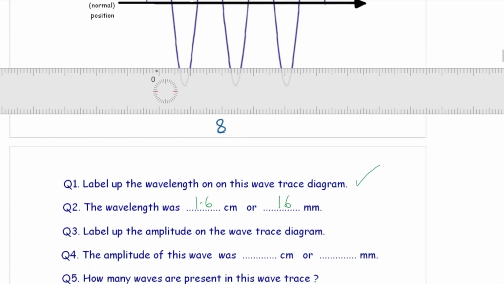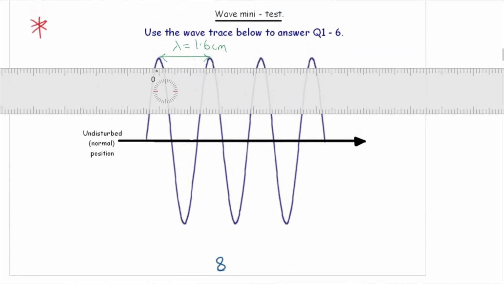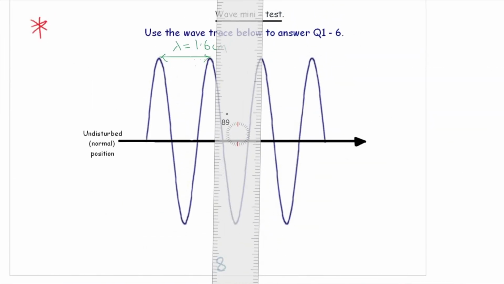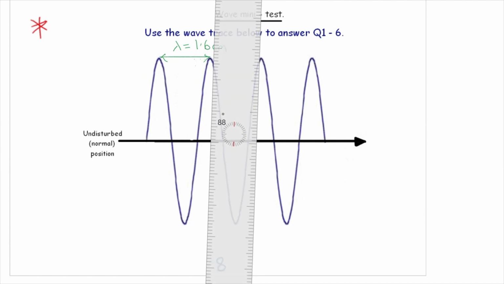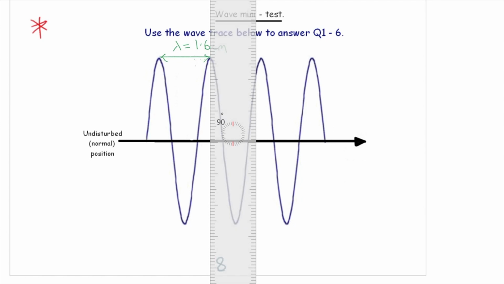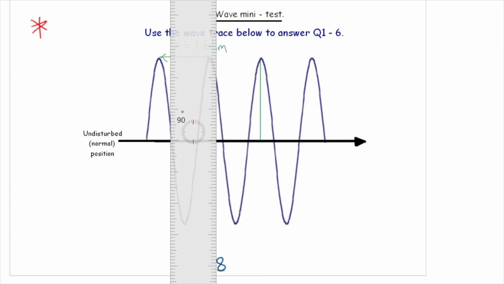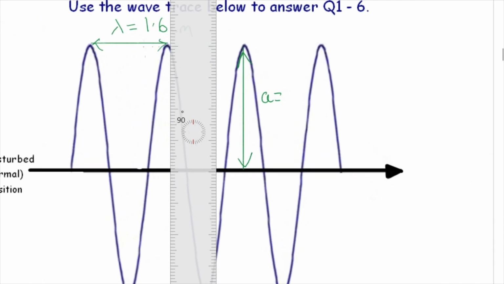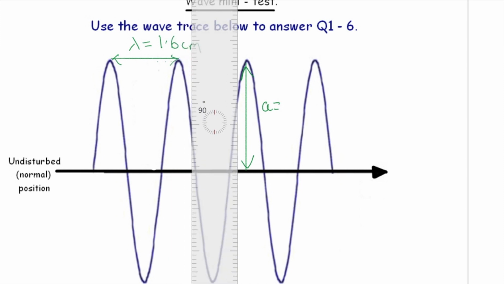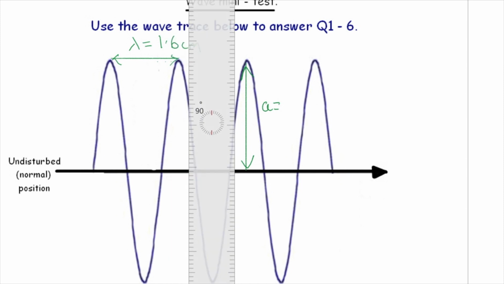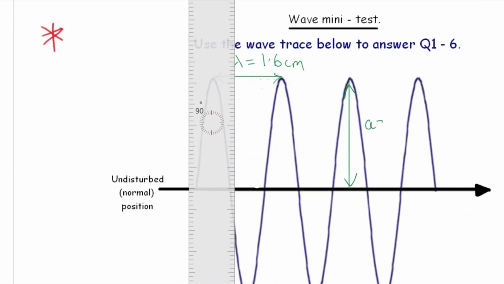Label up the amplitude on the wave trace diagram. So the amplitude, again, you can choose any one of these points here. I'm going to choose this one, and it's from peak to midpoint. I'm going to use the symbol A equals 2.6 centimeters.